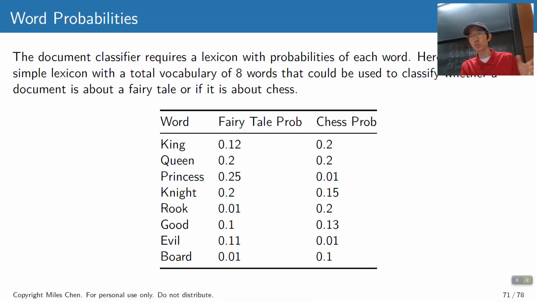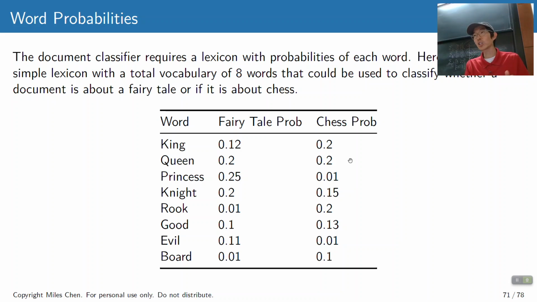The word rook is probably unlikely to appear in a fairy tale, so we'll give it a low probability. We have good and evil that happens in fairy tales, but talking about the board is probably unlikely to happen in a fairy tale.